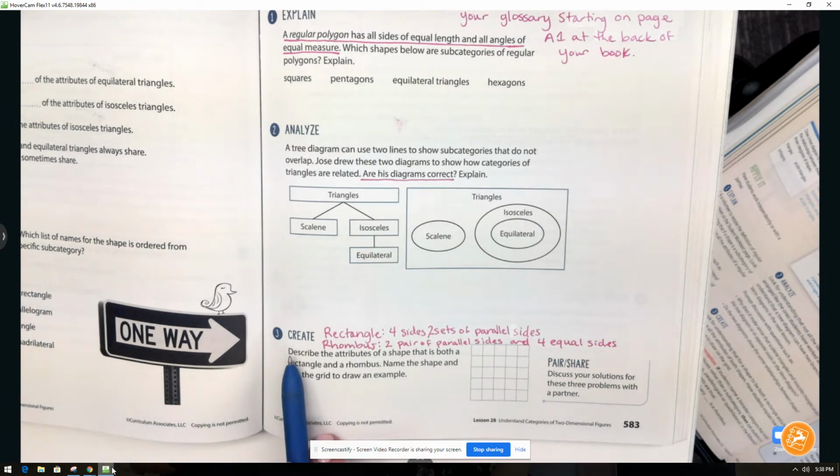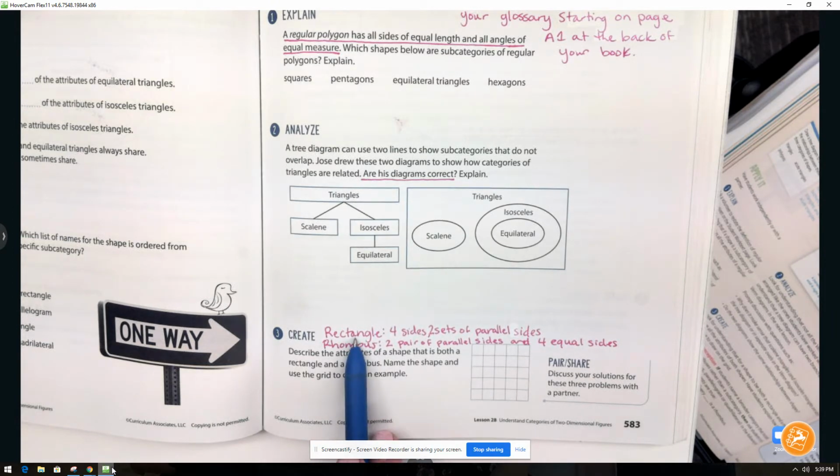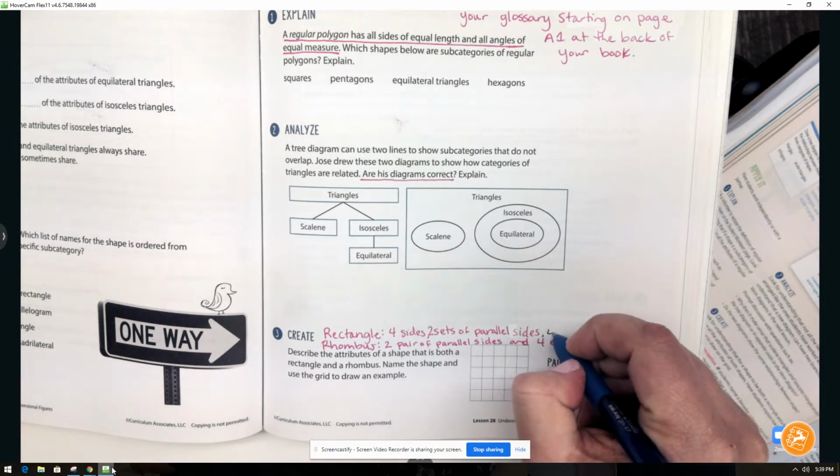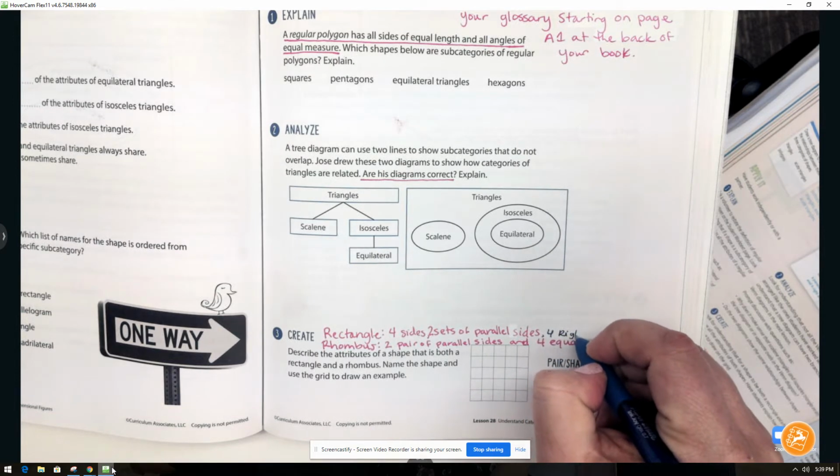Number 3, describe the attributes of a shape that is both a rectangle and a rhombus. Name the shape and use the grid to draw an example. So we know that rectangles have 4 sides with 2 sets of parallel sides, and I would add 4 right angles.